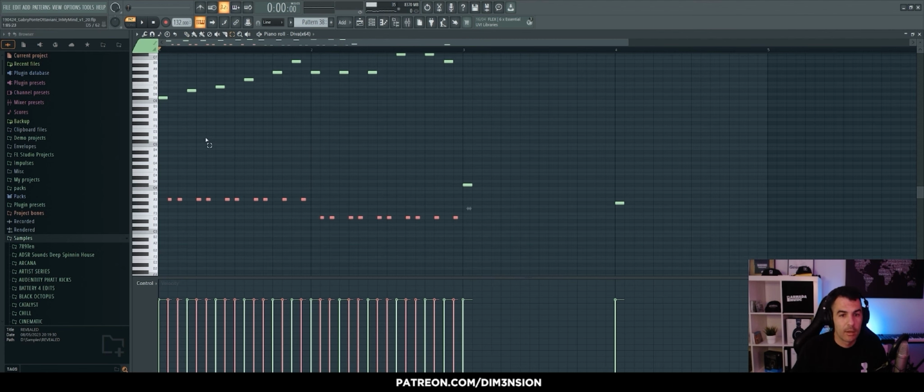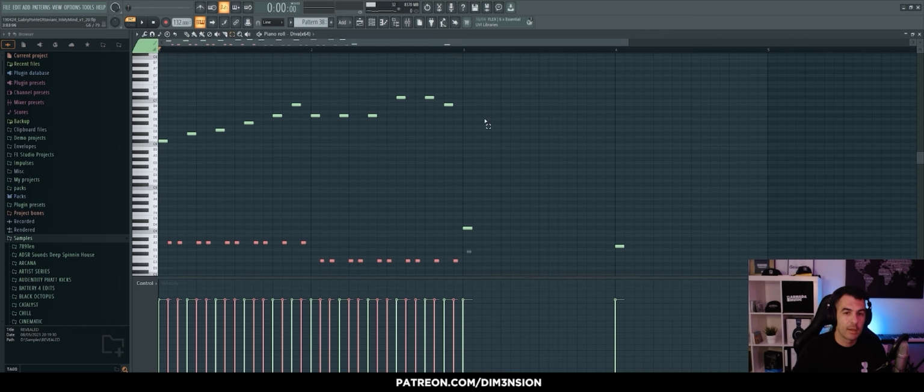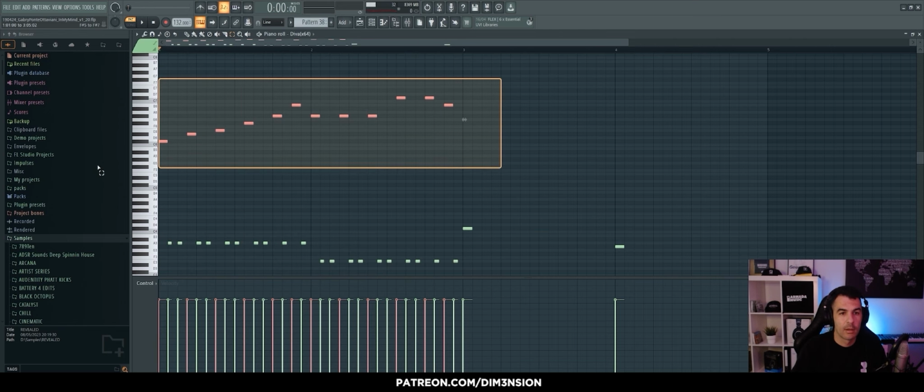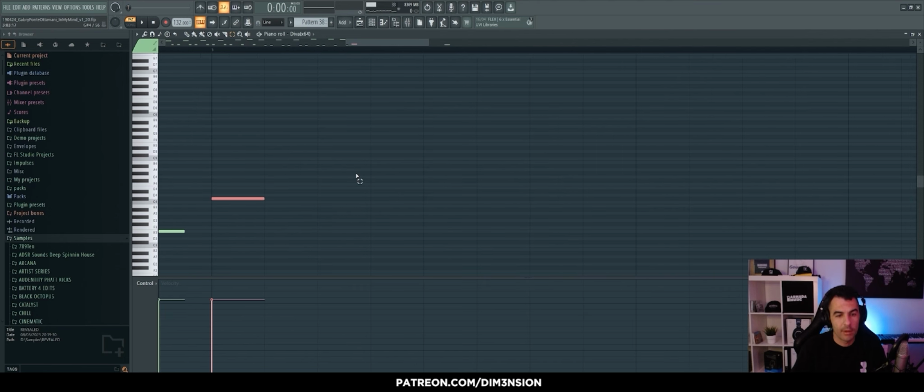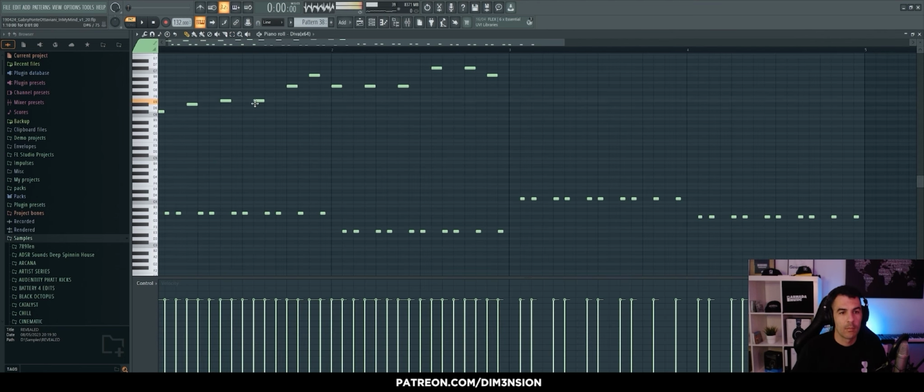Left hand bass, right hand melody. Now we are copying the rhythm of the bass here, copy here.